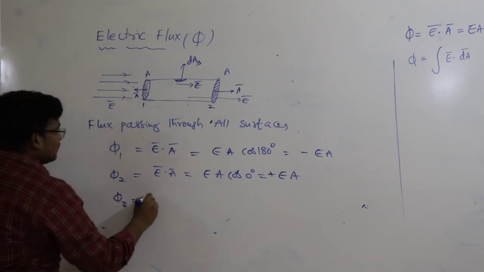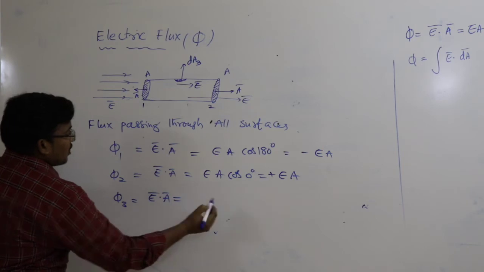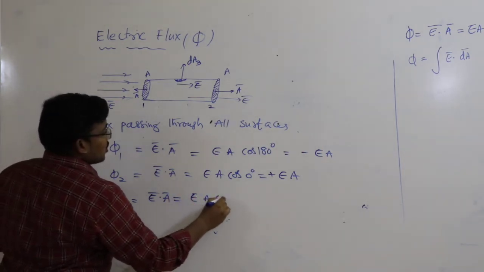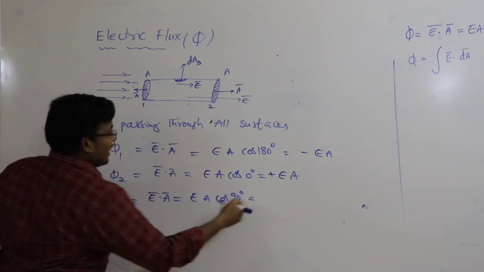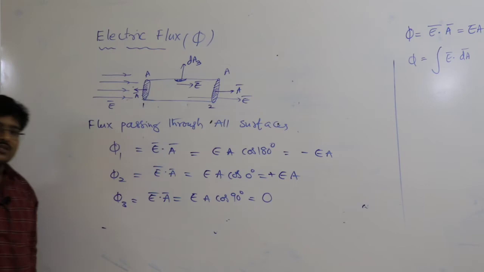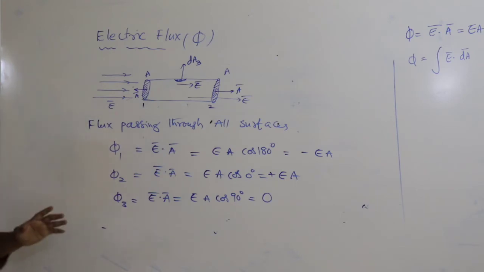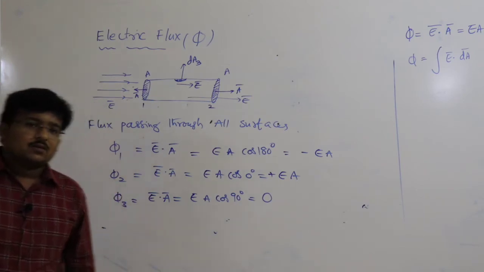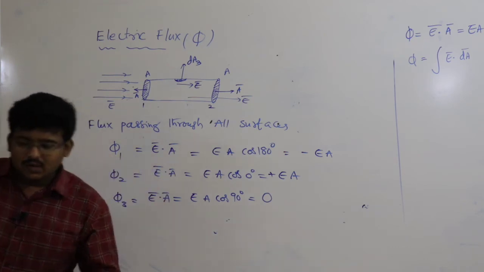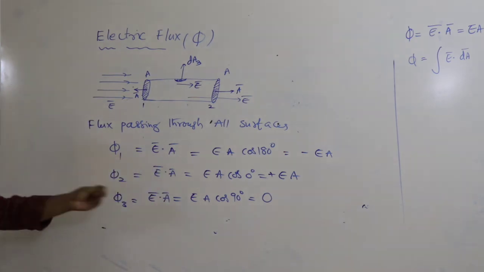That is why E bar dot A bar is equal to EA cos 90 degrees. As cos 90 degrees is 0, the flux through this one is 0. Okay. So this is how to find the electric flux passing through a surface. Now we will discuss problems.